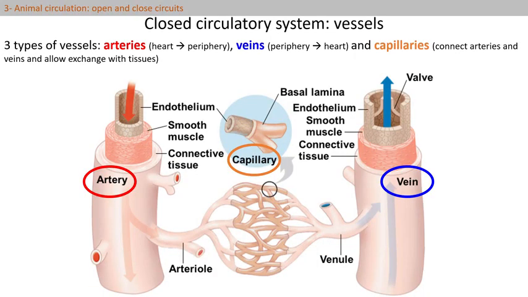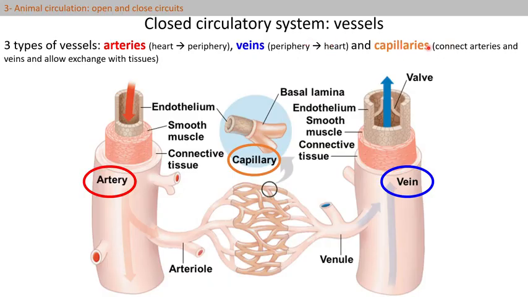So how does a closed circulatory system look like? Here you have like the basic elements. You will have three types of vessels. Arteries go from the heart to the periphery. Veins go from the peripheral tissues back to the heart.